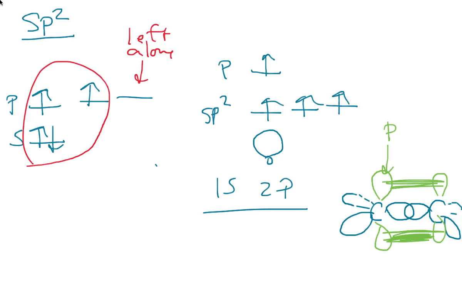So sp2 orbitals are trigonal planar, or flat, with 3 sigma bonds, and 1 pi bond or 1 empty orbital. I point that out because remember, the neutral configuration of boron molecules, let's just take this for example, has the same shape. If it has that same shape, you should assume it's sp2 hybridized.